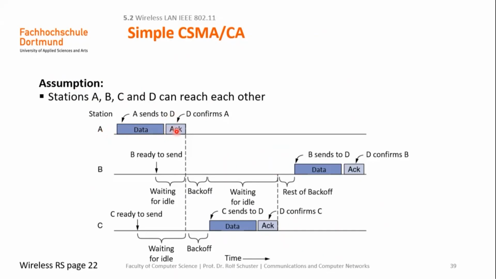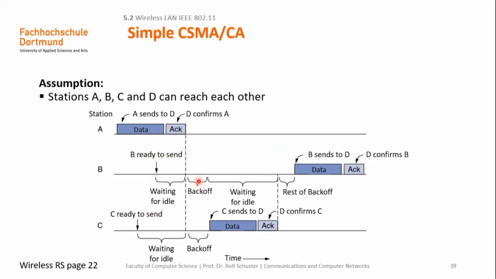During this transmission, perhaps station C needs to send a frame, and station B needs to send a frame. But if the network is too busy, they have a backoff time calculated.